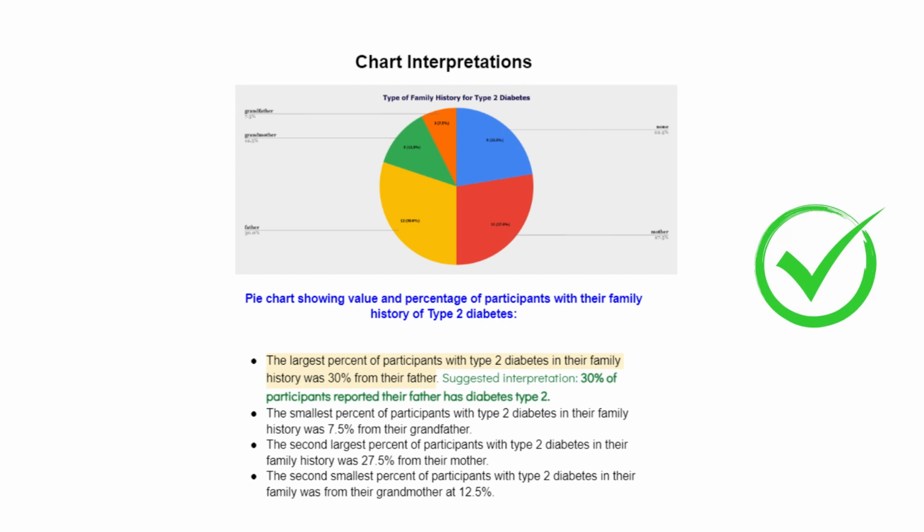So that's the reason why I changed it and suggested to say 30% of participants reported their father has diabetes type 2. Much more straightforward and leaves room for less confusion. So try to make your sentences as straightforward as possible, leaving less room for confusion, so that it is very easy to understand.